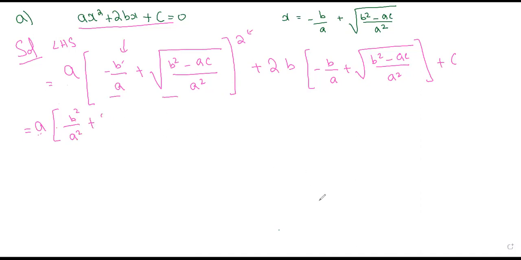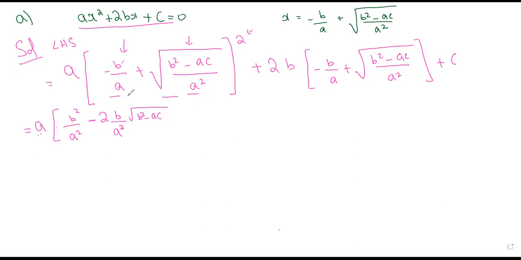I won't be having plus because I have minus 2AB, right? So it would be minus 2B by A into under the root of this, B square minus AC. This A square would become A and I can just add the square here, right?